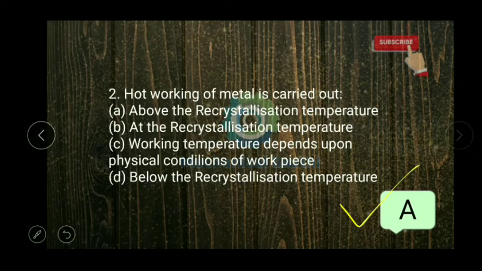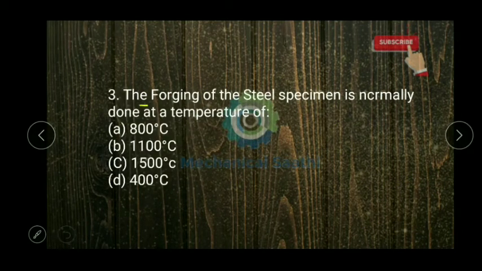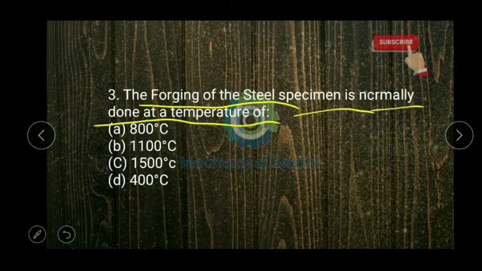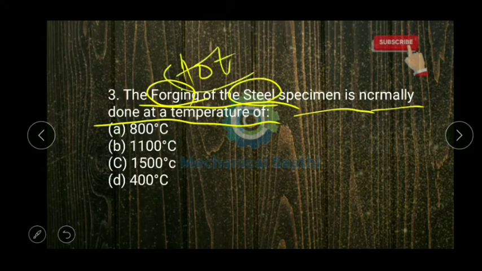Then moving towards question number 3. The forging of steel specimen is normally done at a temperature of what? Okay, if we see forging, this is a metal forming operation, so for forging of steel it should be done like hot working, so it should be carried out above the recrystallization temperature.